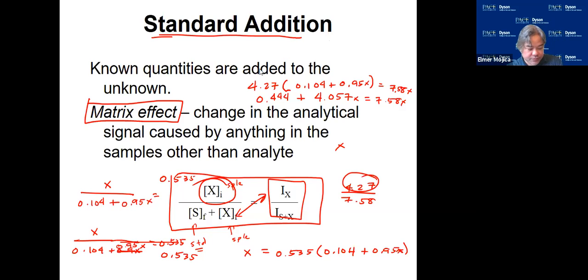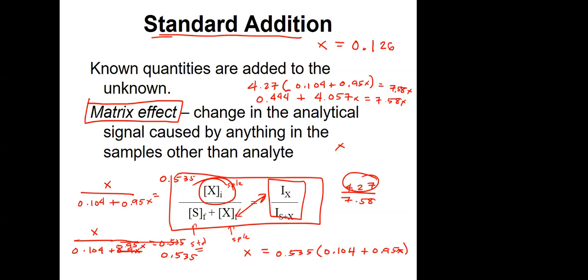Okay. So the X that you get there is around 0.1. So one gets 0.126. How about the others? I got 1.13.